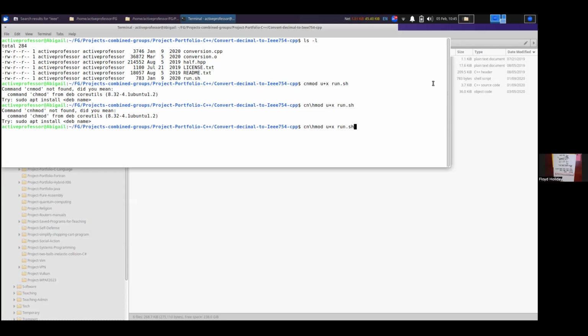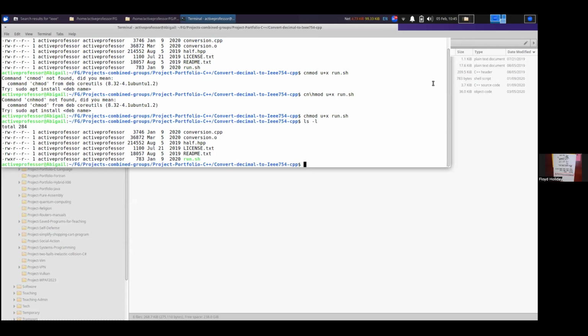That's embarrassing. Okay, I gotta spell chmod correctly. CHMOD. I better be okay. And then, okay, run is in green now. So ./run.sh.